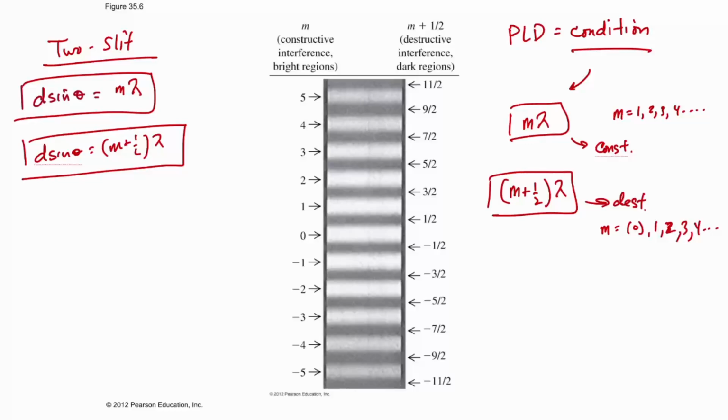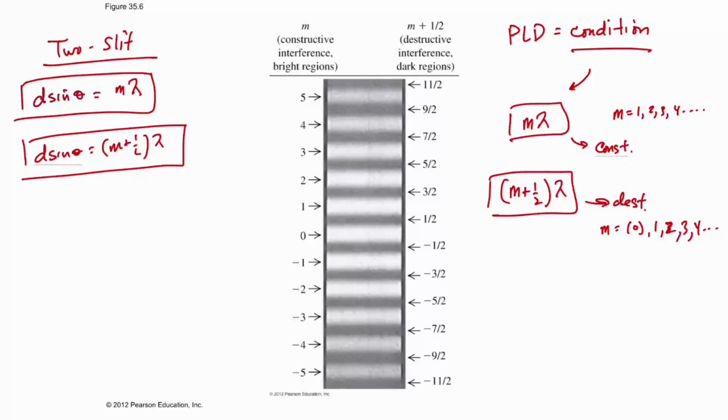If you're dealing with a bright fringe, which of these equations are you going to use? m lambda. The d sine theta equals m lambda, right? And if you're dealing with a dark fringe, which one are you going to use? m plus a half, right? The path length difference is the same. It's just d sine theta. Let me warn you about a couple other things I don't think your book warns you about.